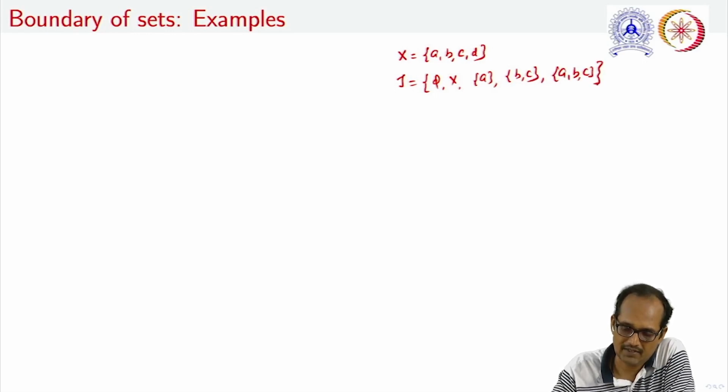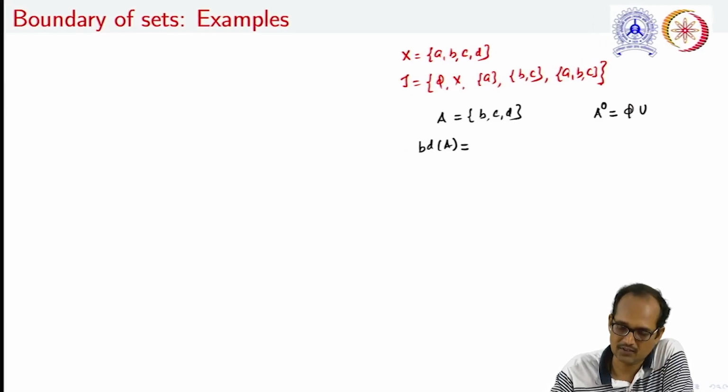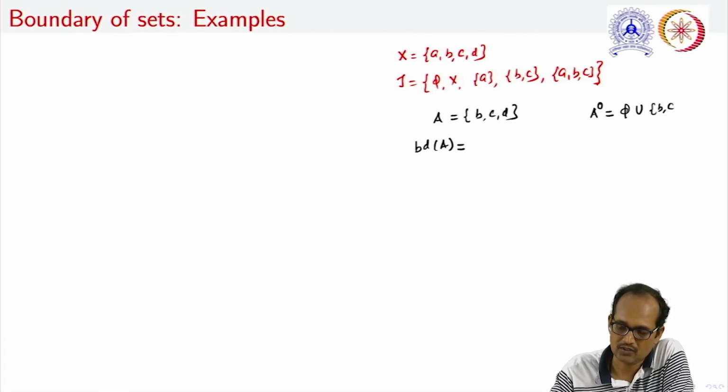Now, if we are taking a set A, something like this, bcd, let us see what the boundary of A means. If we are computing the interior of this set, the interior is the union of the empty set and other open sets which are inside bcd, that is bc. So the interior of A will be nothing but this two element set bc.